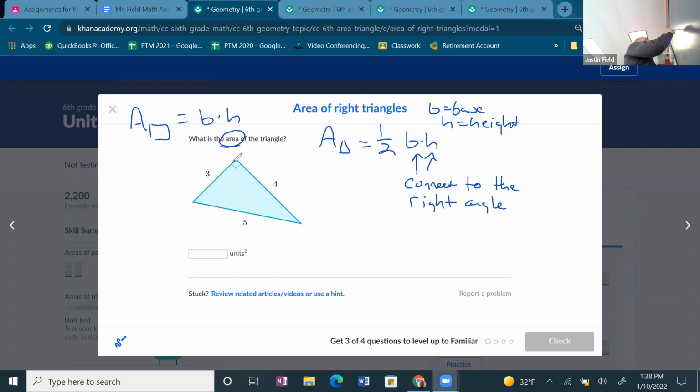So you see this little box there? That's the right angle. Okay, it's called a right triangle because it has a right angle. There is no such thing as a left triangle because there's no left angle. There's only a right angle.